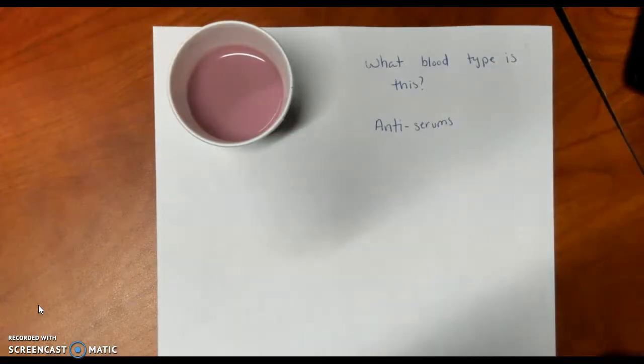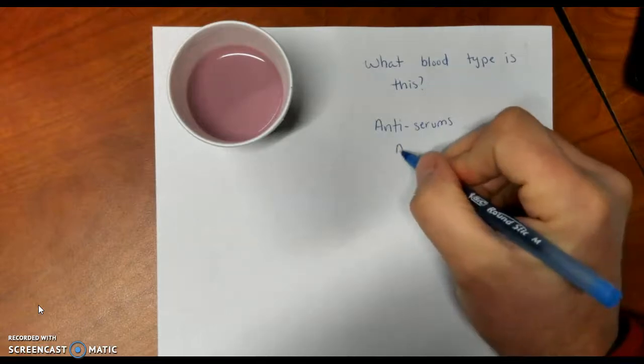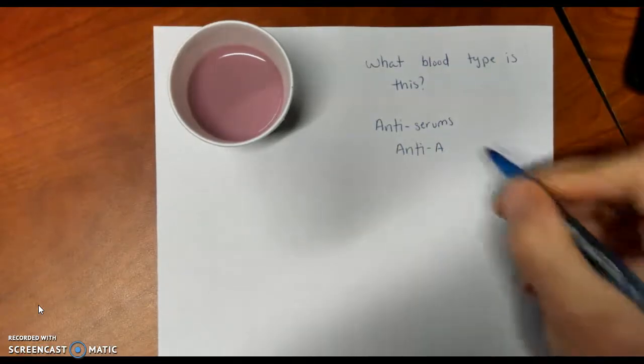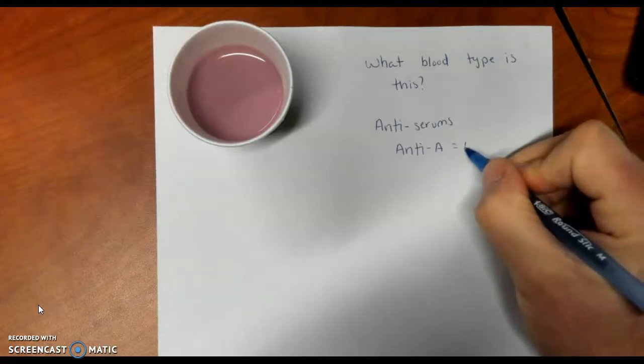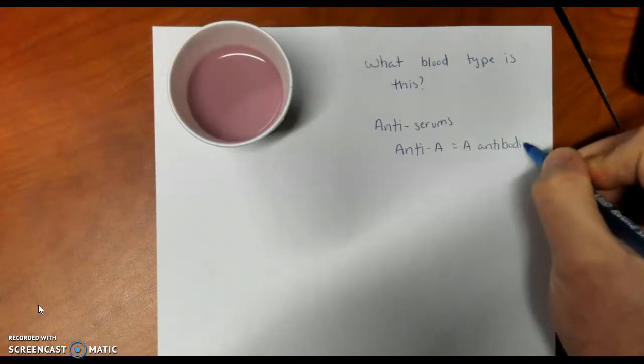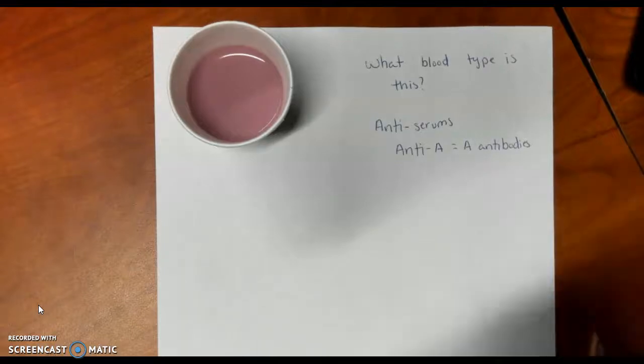An anti-serum is essentially a collection of antibodies. So if we have an anti-A serum, that actually contains A antibodies. And recall from what we saw on that last screen, A antibodies will attach to A antigens.